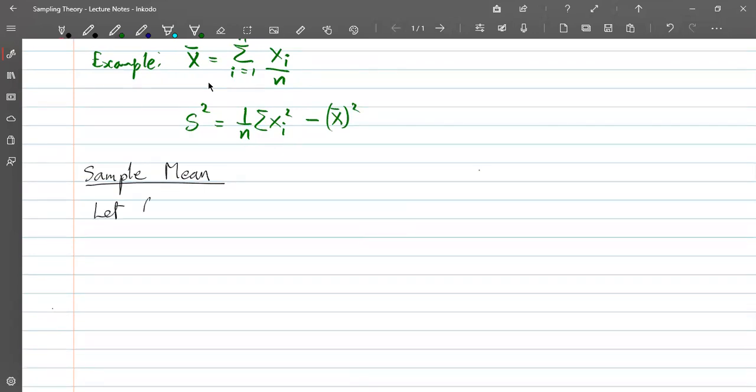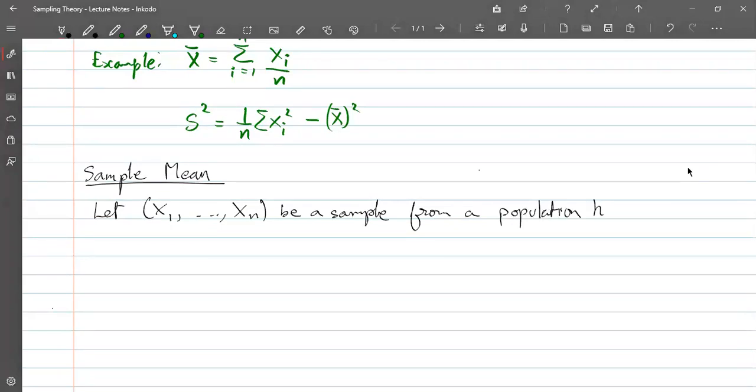So let x1 etc. be a sample from a population having mean mu and variance sigma square.